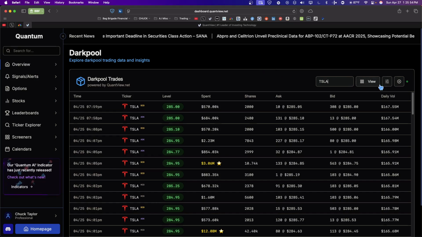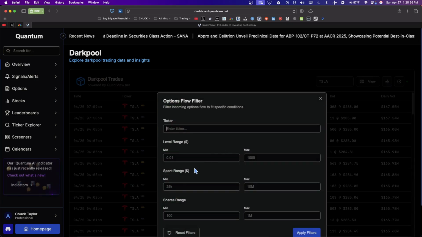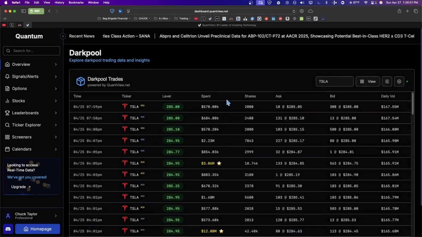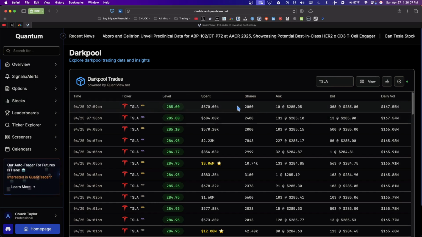So here's some dark pool trades, and you can also filter it out by however you want to. So it's up to you. But these are just to give you an idea of how many shares, at what price, what they spent. They got 10 at the ask and 30, I guess that's 308 at the bid.